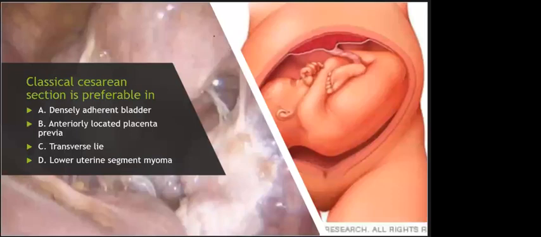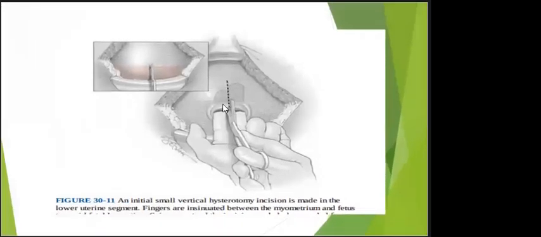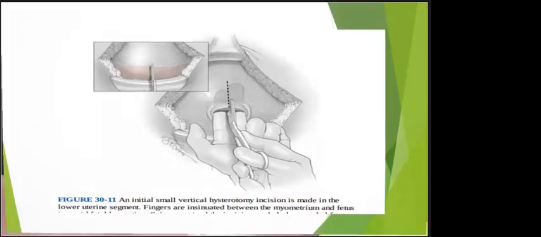When do we do classical cesarean section? This time we are talking about uterine incision. A classical cesarean section, we do this if the bladder is densely adherent and you cannot do a lower segment transverse cesarean section or incision. The bladder is very adherent on the lower segment and you might injure the bladder, then you rather do a classical incision, from the lower segment going up to the fundus.